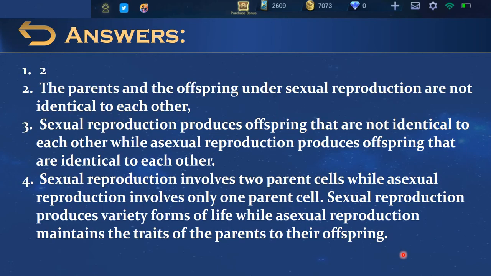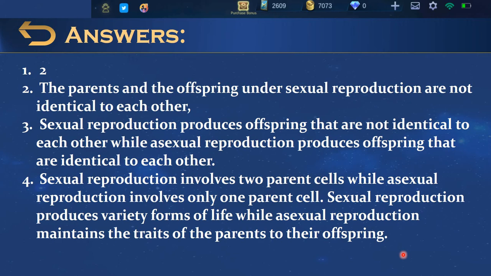For number 1 answer, we have 2. For number 2 answer, the parents and the offspring under sexual reproduction are not identical to each other. For number 3 answer, sexual reproduction produces offspring that are not identical to each other, while asexual reproduction produces offspring that are identical to each other.